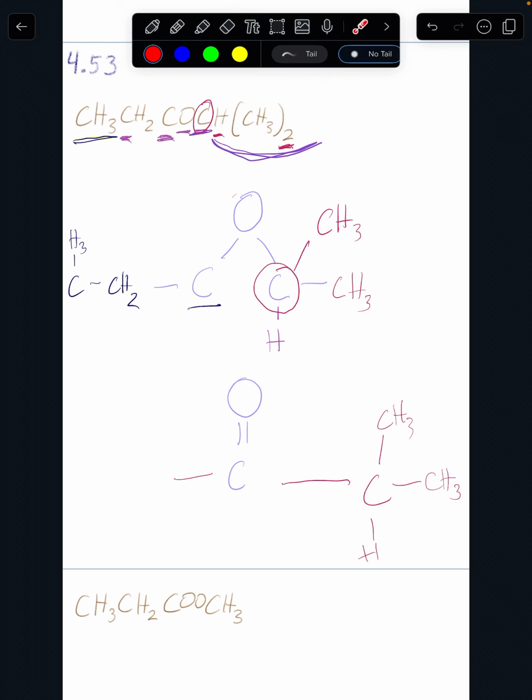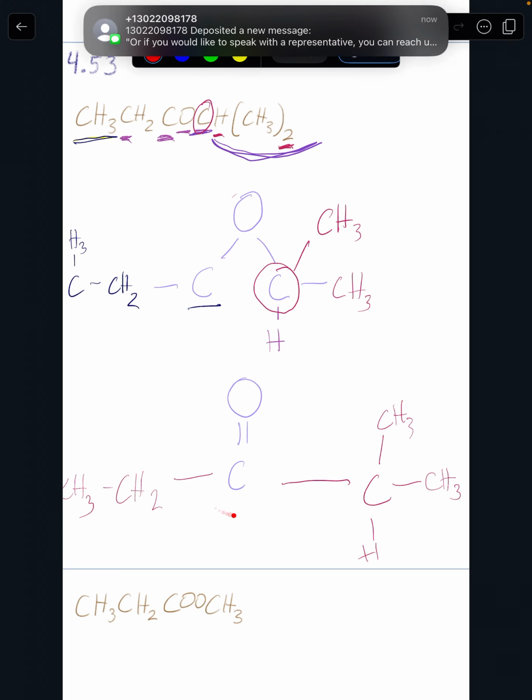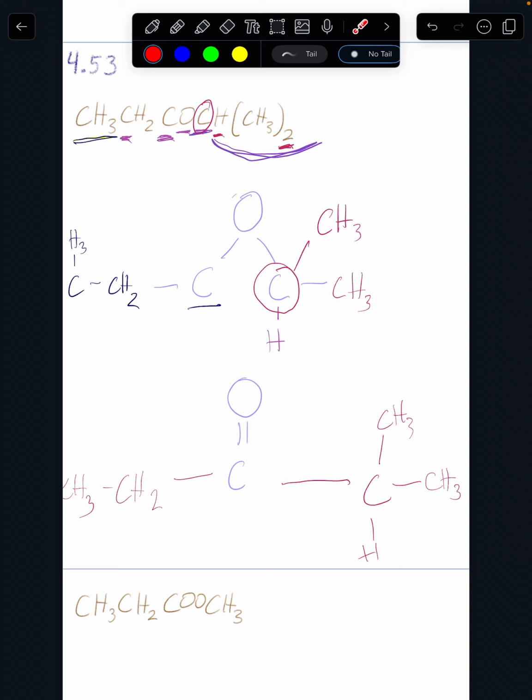And then of course, this carbon has the CH2 and the CH3 over there. So now if you look, this one has all 4 bonds, and so does this one. And that's how we can get from this kind of thing down to here. That way it's satisfied by all of them.